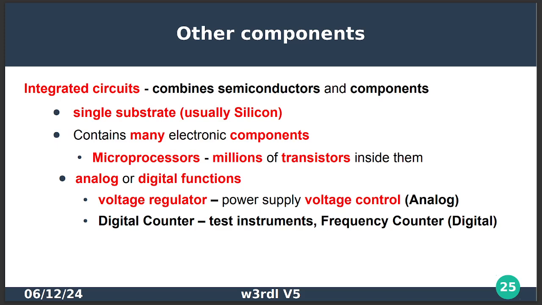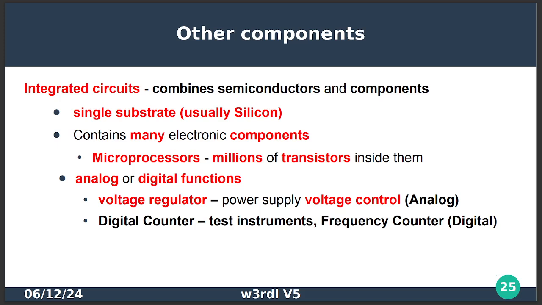Microprocessors, millions of transistors inside them, analog or digital functions. Voltage regulator, power supply, and voltage control. So your voltage regulator is pretty much any place that you're generating a supply of your own. You have to have a regulator, because there are a lot of things that can cause it to rise or fall. So you want to have a regulator in there so that it stays fairly constant.